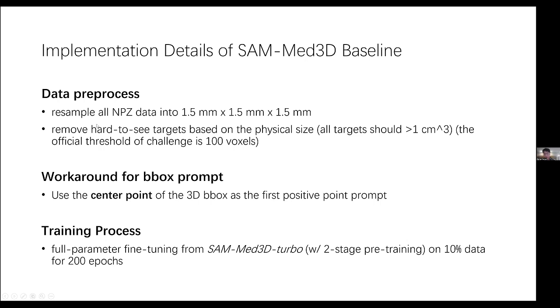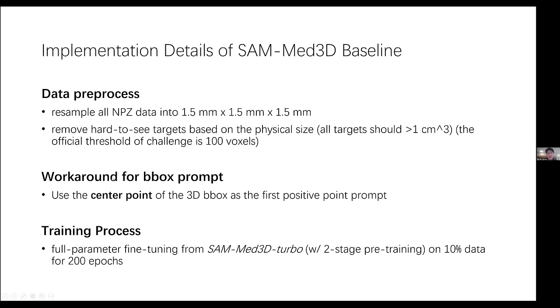And to further clean the data, we remove the hard-to-see targets based on the physical size. All targets in our training set will be larger than the threshold. Even though the original threshold of the challenge is 100 voxels, we propose a stricter threshold to further clean the data.